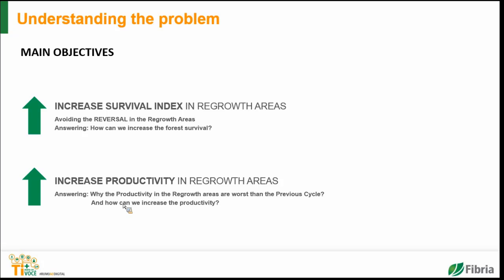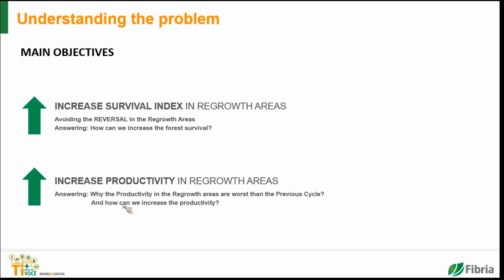So answering why the productivity in the regrowth areas is worse compared to the previous cycle in the forest that we had before, which always is an implementation of a new forest. And how can we increase this productivity?